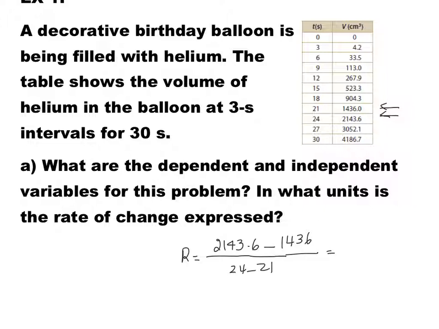If we simplify this one, we get 235.87 cubic centimeter per second.